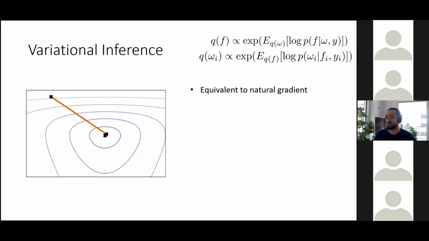Since we now know the full conditional is closed form, we can compute the expectation. And since we need to go over f and omega, we have these CAVI, Coordinate Ascent Variational Inference, updates, which allow us to converge to the optimum in 2-3 iterations. So we get exponential convergence and a lot of other beautiful things.